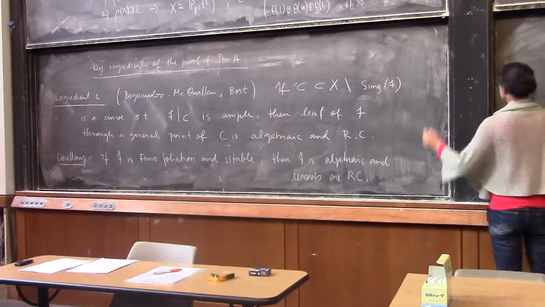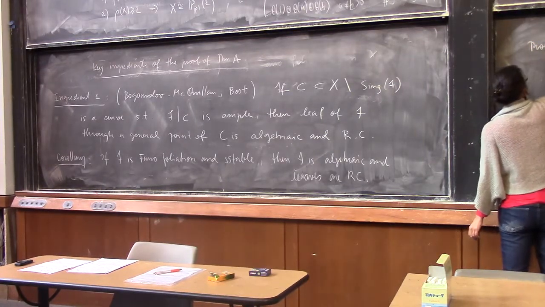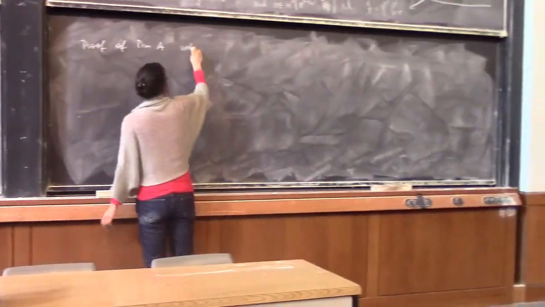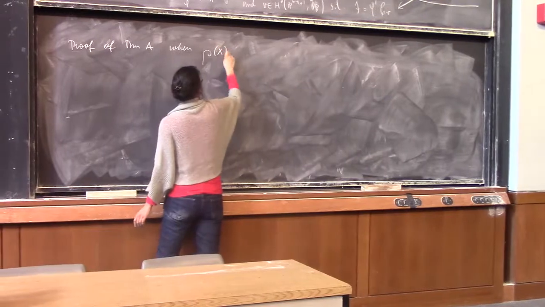And now let's see how this gives us the proof of theorem A when the Picard number is 1.